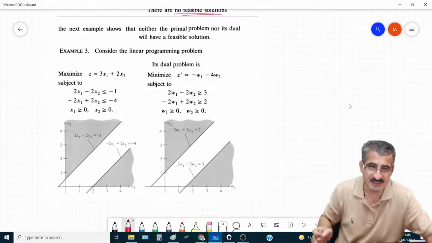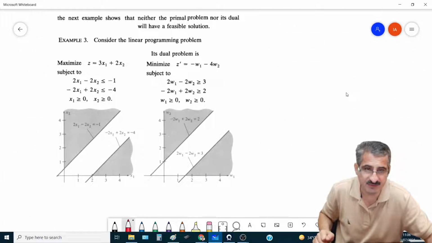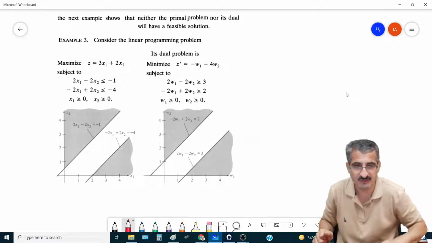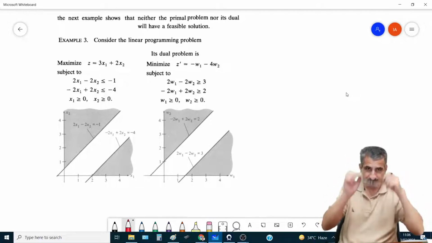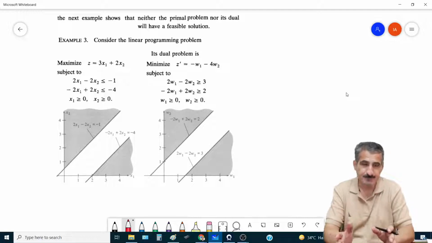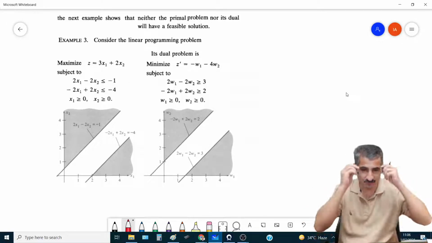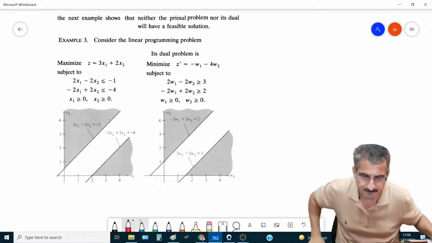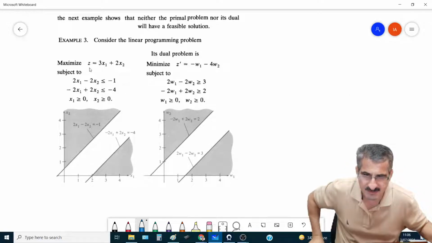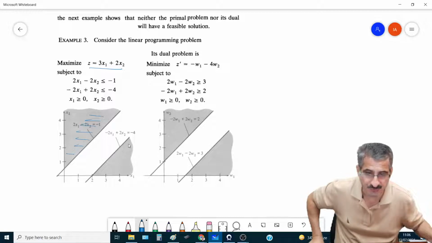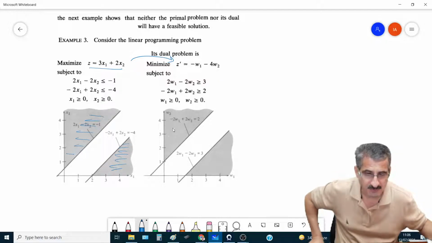Okay, now the next example shows that neither the primal nor its dual has a feasible solution. This is what I just said. If one of them does not have a feasible solution, then the other does not either. Let's look at it. So this is the primal, maximize this, and these are the constraints. Apparently there is no feasible solution for the primal. Now take the dual and do the same thing.